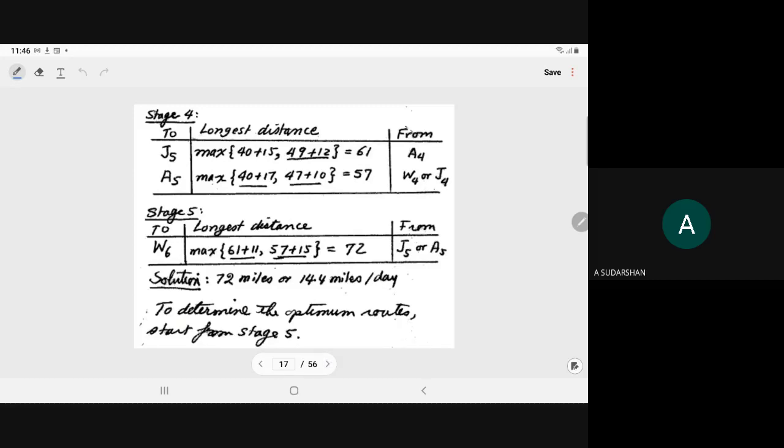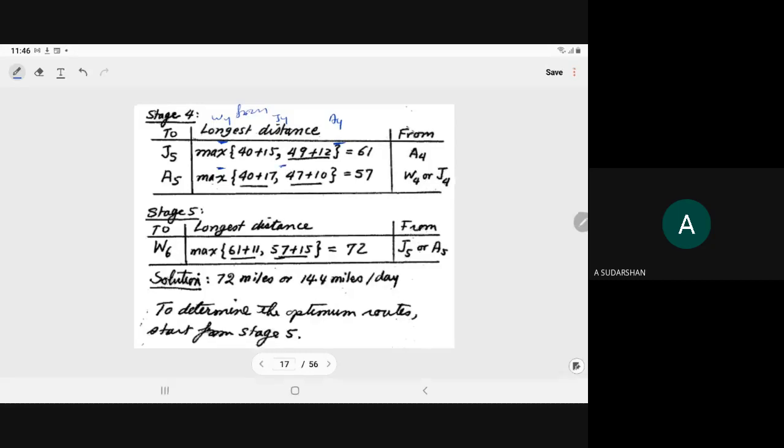Similarly, in stage 4, we reach J5 and A5 from W4, Jefferson 4, Adam 4. For the J5, we have only the W4 and A4, and for the A5 we have only the W4 and J4.